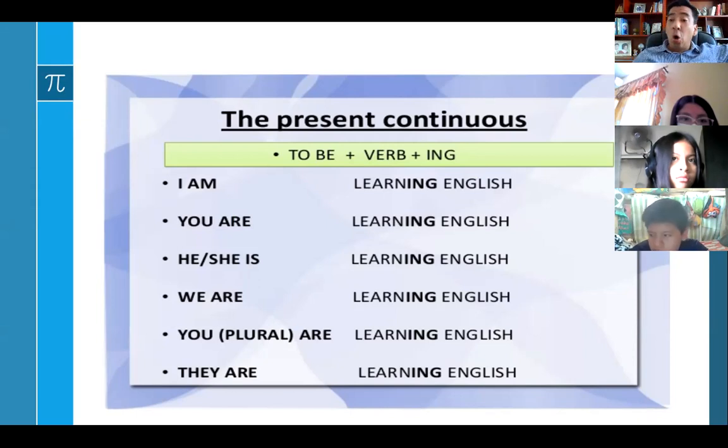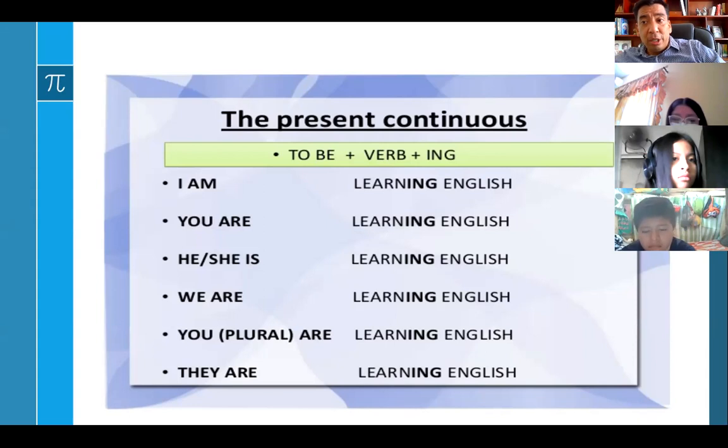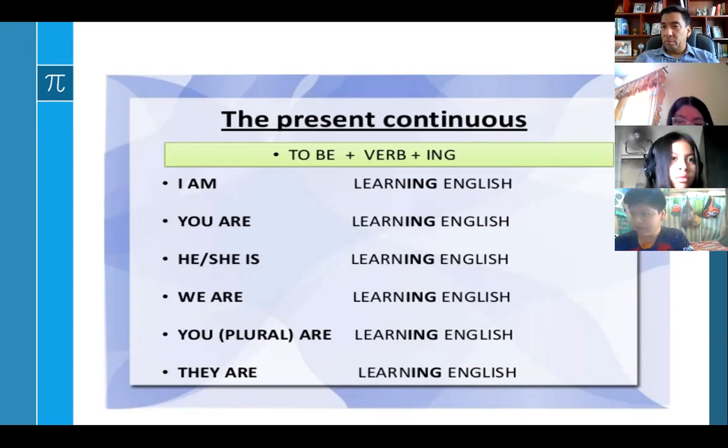No 10 minutes ago, no in 10 minutes in the future, no. What we are doing in this precise moment, that is the use of present continuous. That is the use, right? Ese es el uso, número uno.